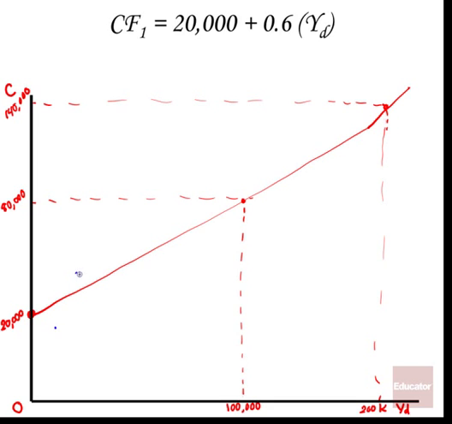So you'd probably have something like this to give you the correlation between disposable income and consumption. Now, you might have an outlier here or here, but most of your data points are going to follow this trend.